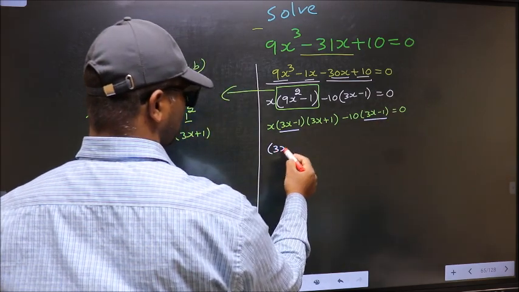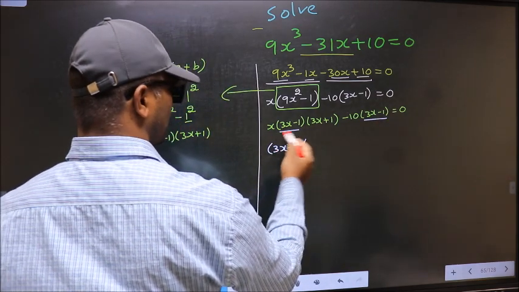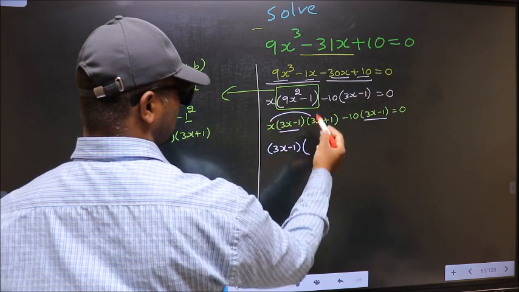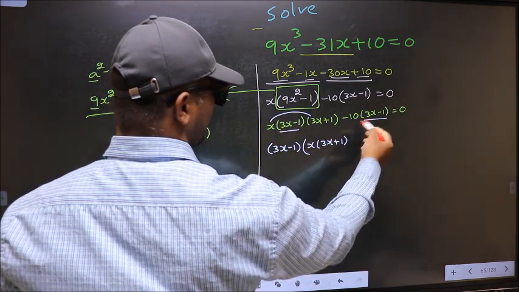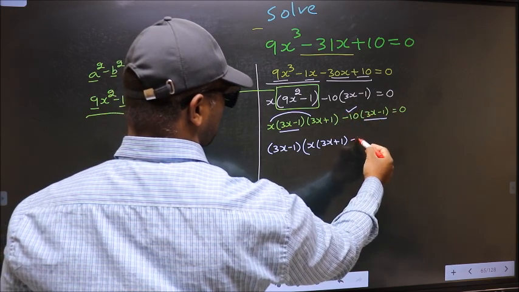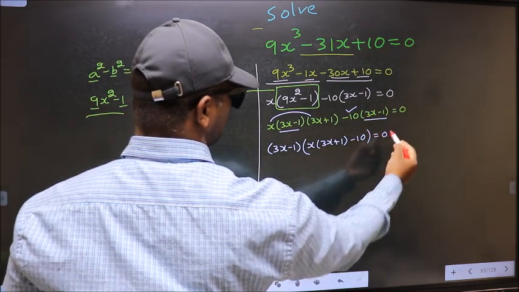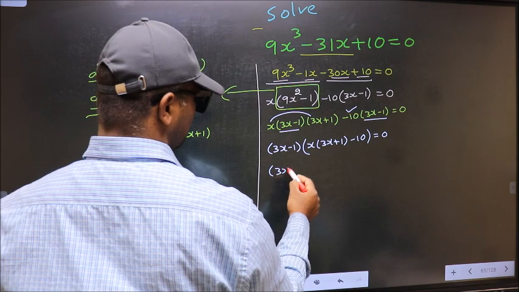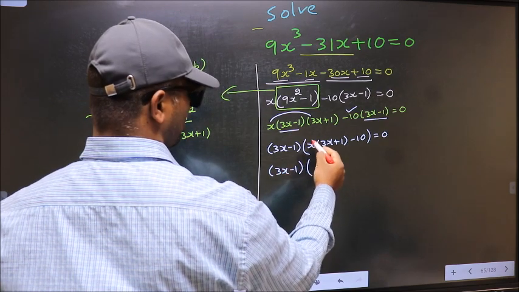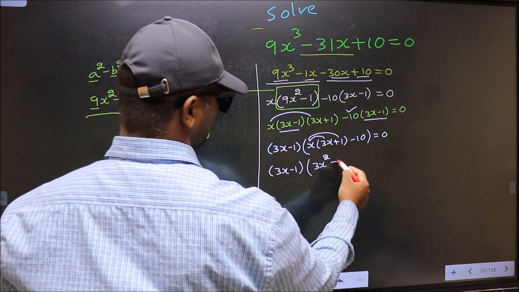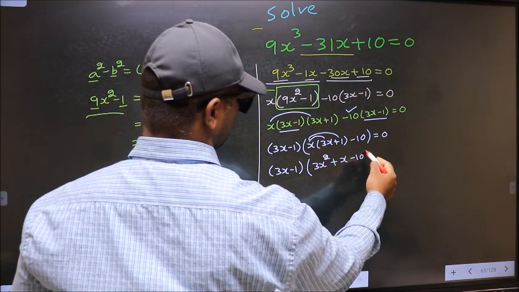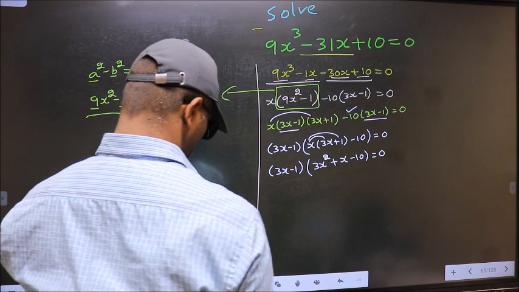So 3x - 1 outside. Over here we are left with these two, that is x(3x + 1), and here we are left with -10 = 0. Now you open up the brackets, you get 3x² + x - 10 = 0.